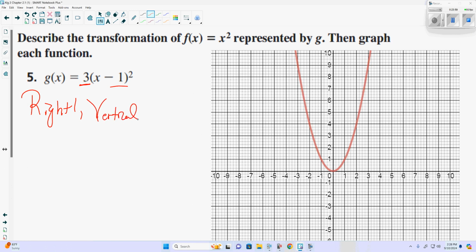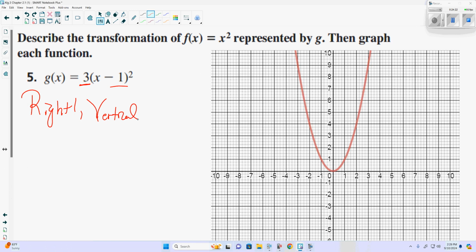It'd be one of our vertical stretch or shrink. Because our reflections across the x and y axis are going to be multiplying by a negative. Since the 3 being multiplied on the outside is positive, there is no reflection across the x. The x inside the parentheses is positive, so there is no reflection across the y. So there's no reflections there.